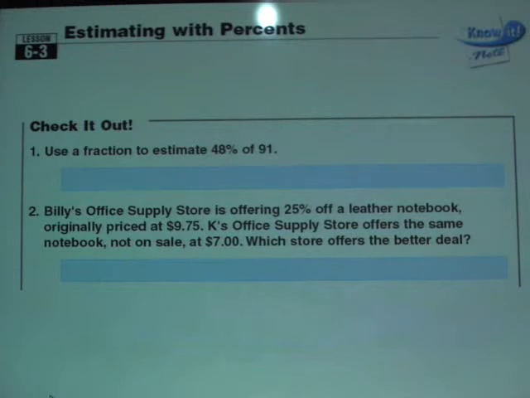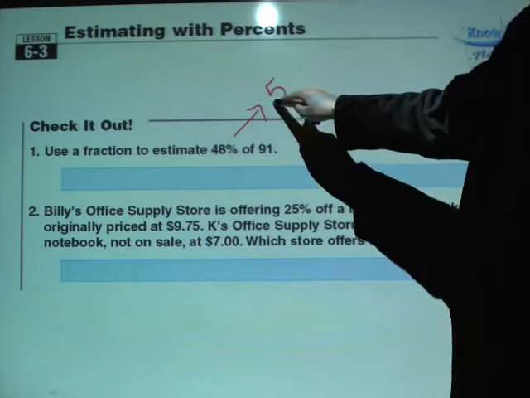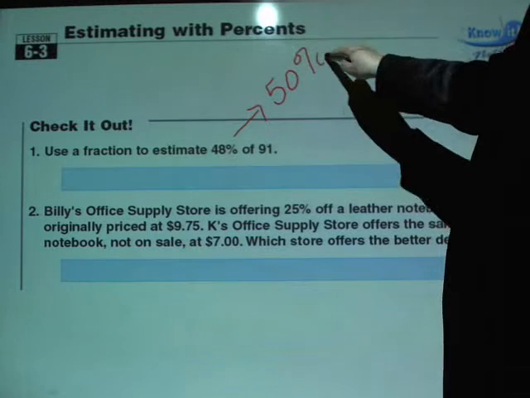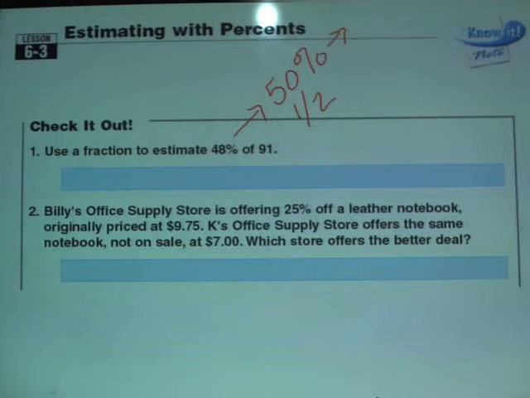All right, so let's go ahead and take a look at the check it out examples here. Number one says use a fraction to estimate 48% of 91. So 48%, that's right close to 50%. And 50%, well, we know about 50%. 50% is the same as 1/2. Now, I don't really want to work with 91, but luckily they're saying I can estimate here.